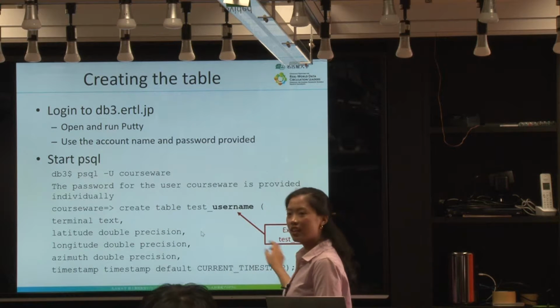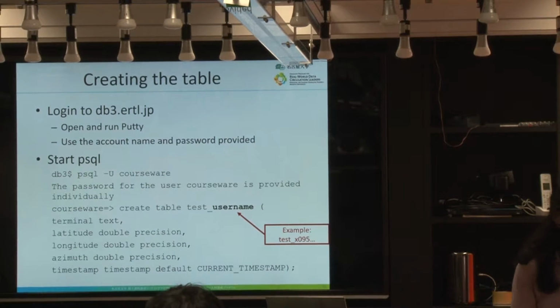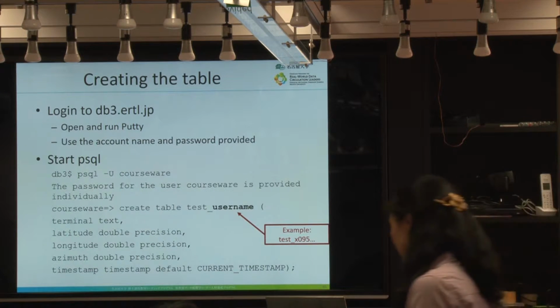And I think you're familiar with this part already. You could actually check the list of the tables, right? What's the command? Anyone knows? \dt, and see if you created your table.